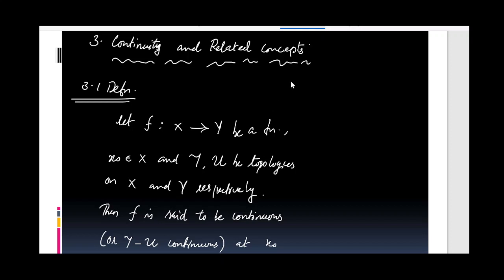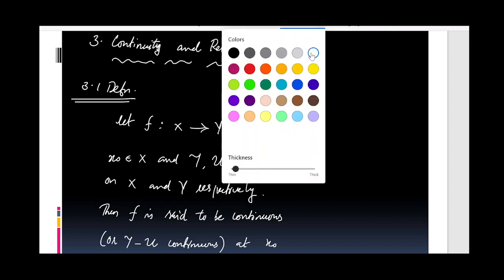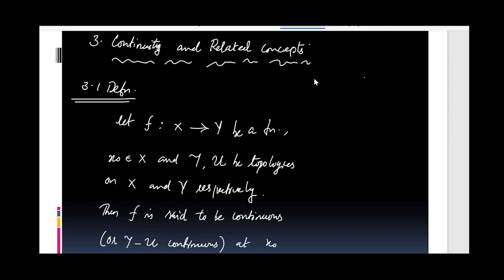So let us examine the definition with real analysis. In your real analysis class, you have studied this definition. What did you study there? First, you studied f from some X in R^d1 to Y in R^d2 as a function.